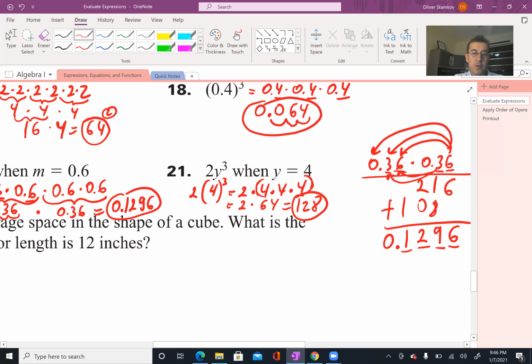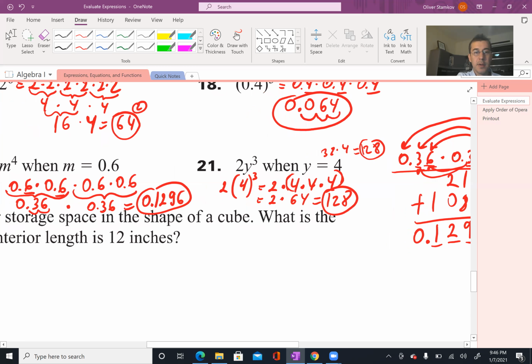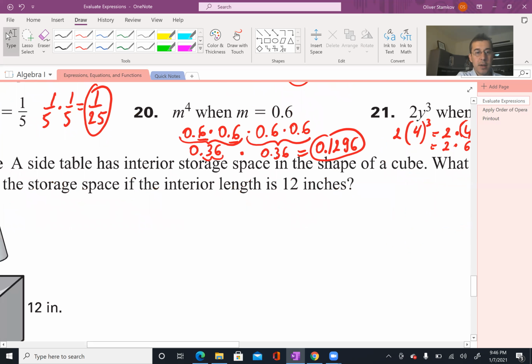So I did 4 times 4 is 16, times 4 is 64. And then I multiplied that by 2, 128. But we can do 2 times 4, as I said, that's 8. 8 times 4 is 32, and then 32 times 4 is just 128. So you get the same result in any way you do the multiplication. Okay, that was 21. Now 22.